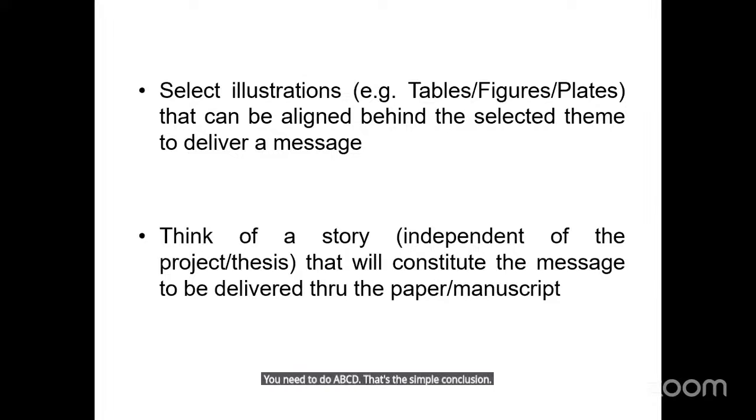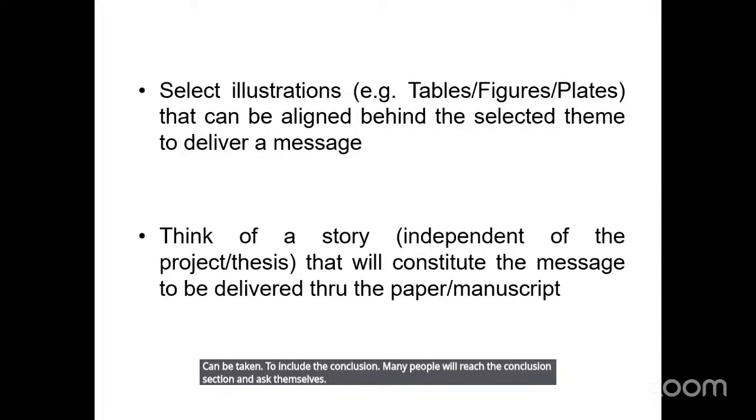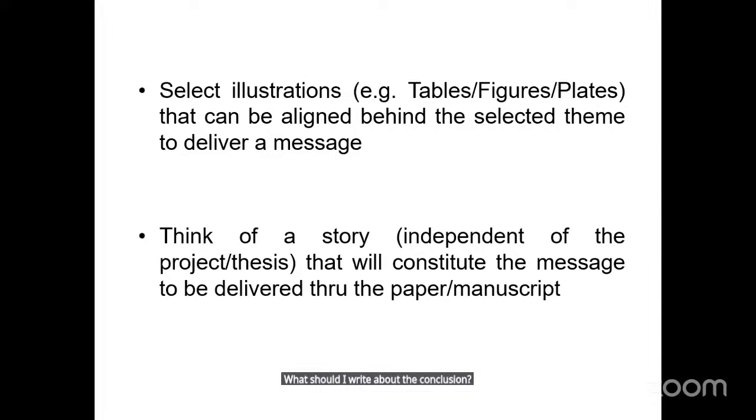The totality of which can be taken to feed into the conclusion. Many people will reach the conclusion section and ask themselves, what should I write about the conclusion? It becomes now a new story, as if you are just beginning to think about what to write.